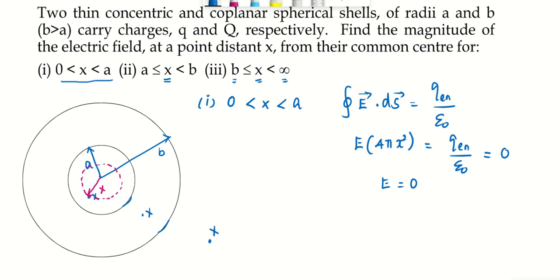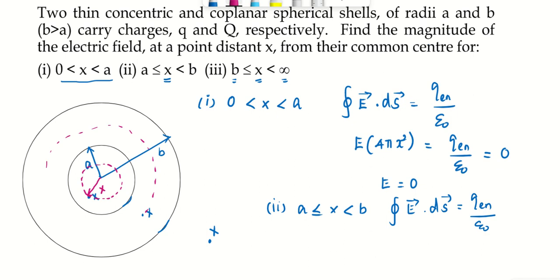Now, the second case, X lies between A and B, between the shells. Once again, write Gauss law: the integral of E dot dS equals q enclosed divided by epsilon 0. Here I'm going to draw the Gaussian surface from this point. This is the Gaussian surface of radius x.